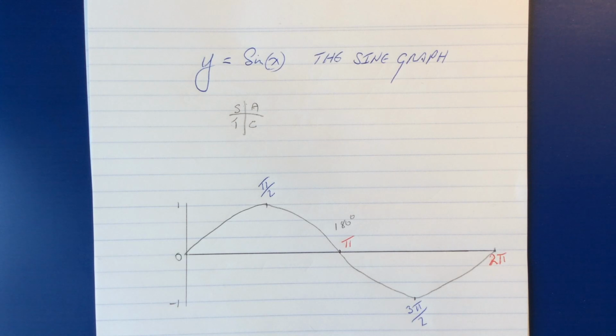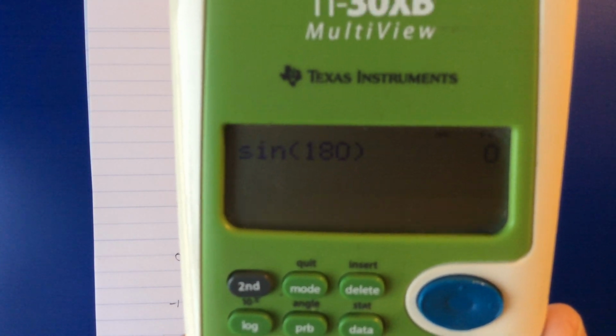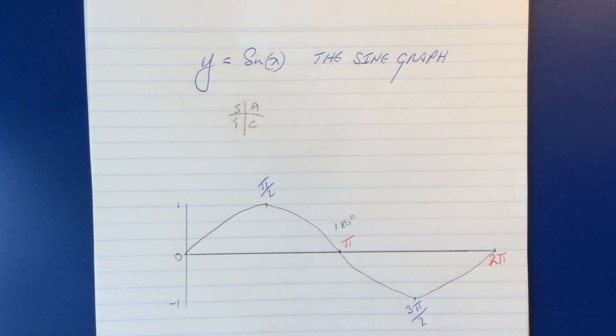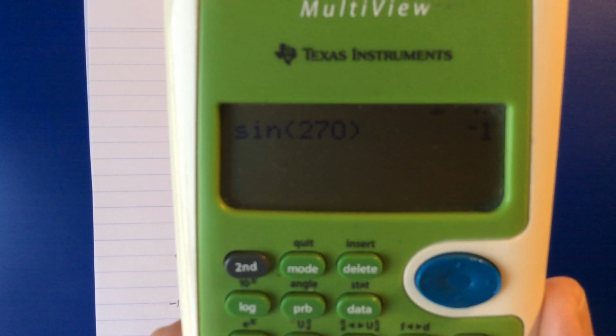Now the sine of 180, this may get repetitive and I apologize, but we'll get this over with quickly. That should be 0. Sine of 270 degrees, which is 3 pi on 2. Put 270 in the calculator, and push go.